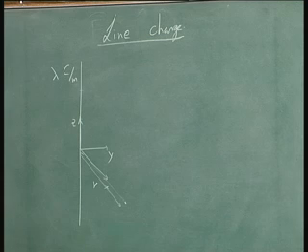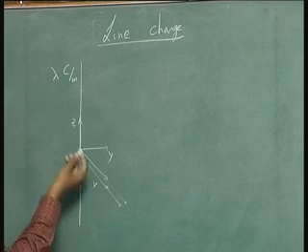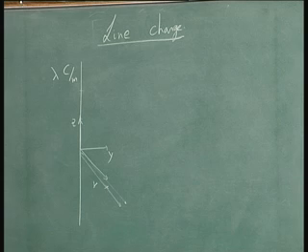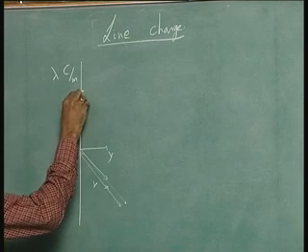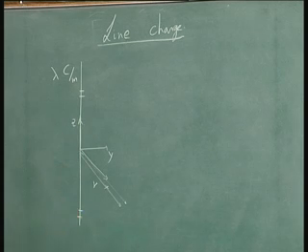So, what do we do? There are many different ways of doing it, but let me take a simplifying way of doing it so that you can see the symmetry of the problem.